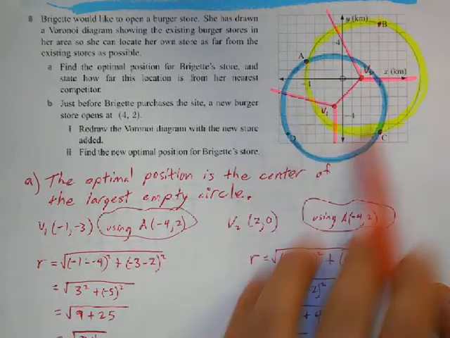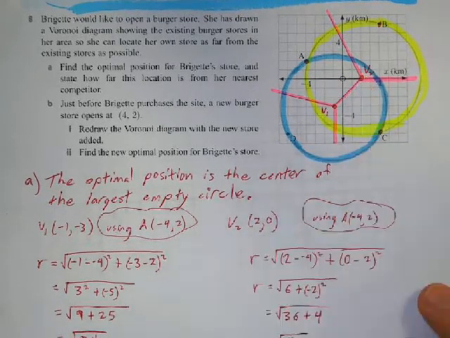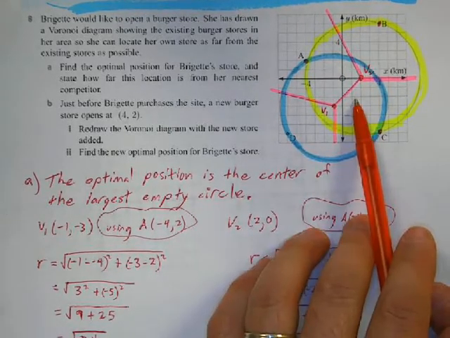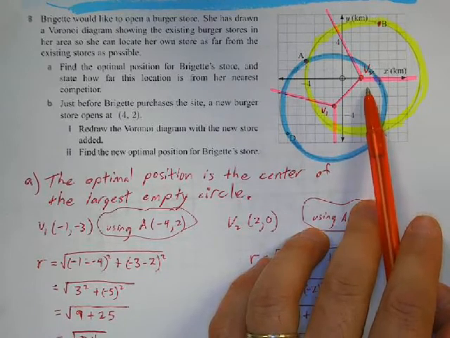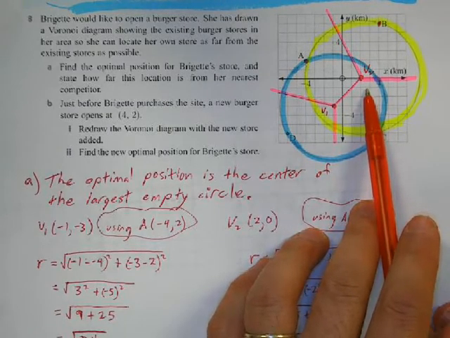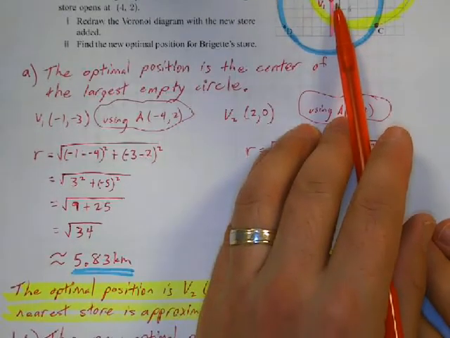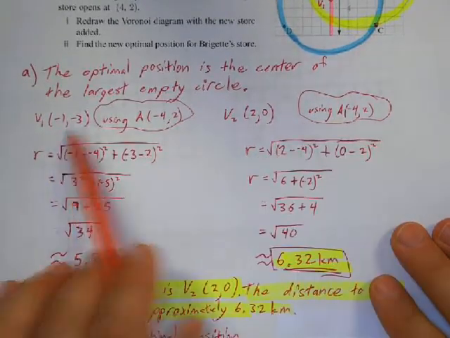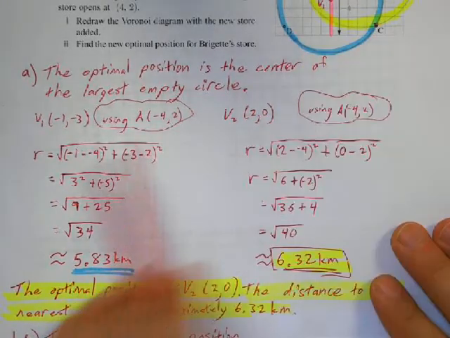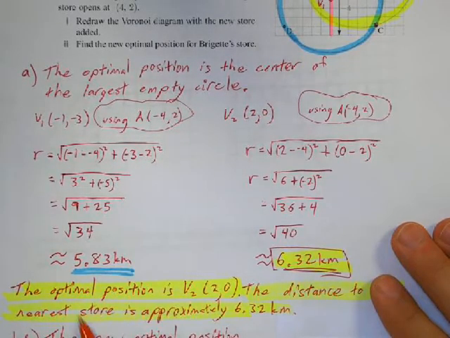It looks like the yellow circle is bigger, so let's see if that's true. We're going to have to do some calculations just to verify. If I use V1 and a point like A, I can use the distance formula, and I figure out the radius of the blue circle is this.